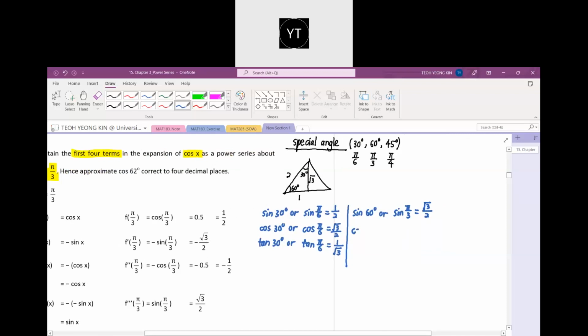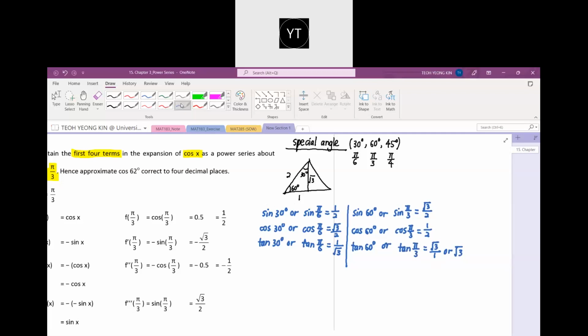Then cos 60 degrees or cos pi over 3 is equal to adjacent over hypotenuse, 1 over 2. And finally tangent 60 degrees or tangent pi over 3. Tangent is opposite over adjacent, square root of 3 over 1, or I can write it as square root of 3. This is for 30 and 60 degrees.